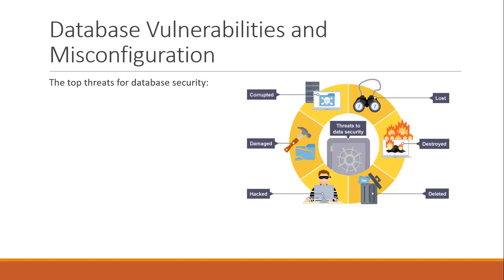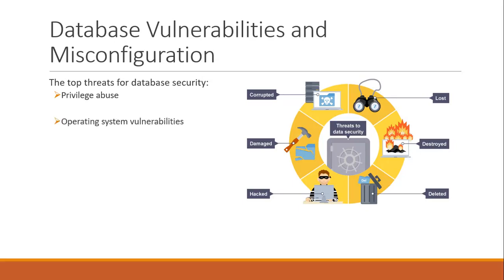In this vulnerabilities and misconceptions part, I would like to talk about the top threats for database security. First one, privilege abuse. Privilege abuse happens with people who can easily get into the database, and the database user's access is stolen by others.